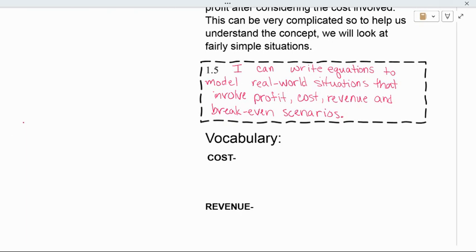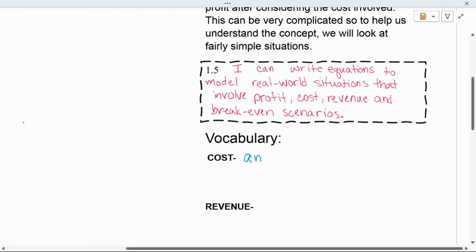So Owen and Tim both told us that the cost is the amount of money that you spend up front. So I'm just going to write it's the amount of money that you spend up front to start your business.